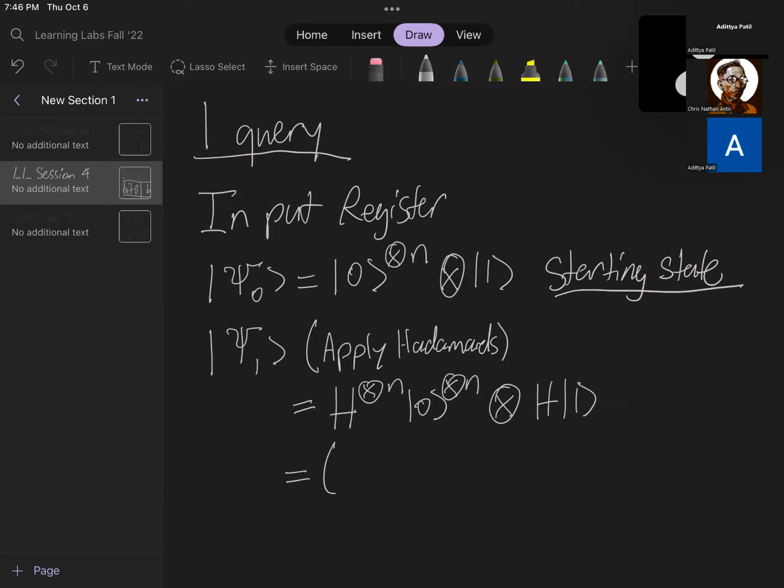Why doesn't it have a tensor? All the tensor n is saying is, for this algorithm, what we want to initialize is an n qubit input register, I said input register and I know why I'm saying that, and a single qubit output register.